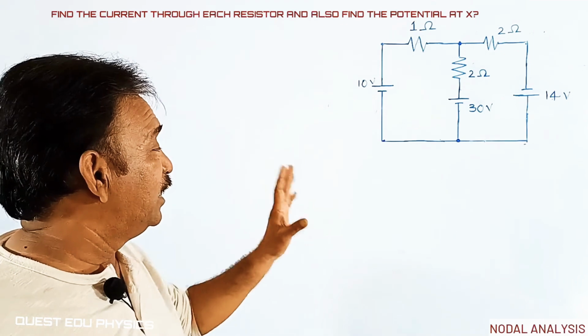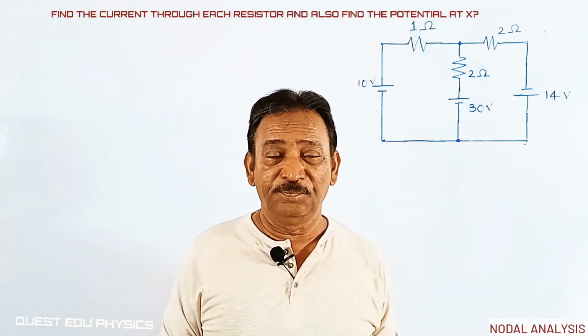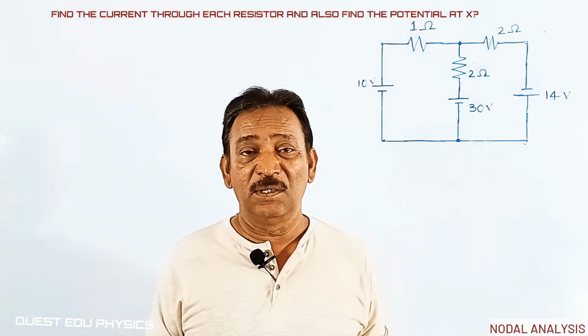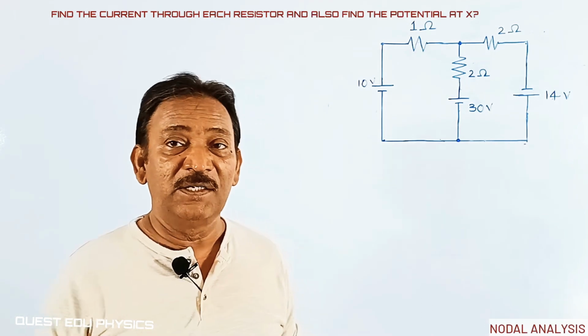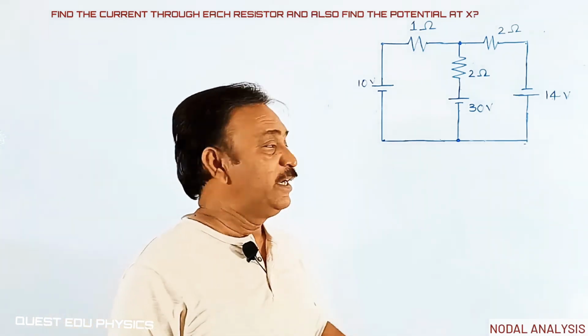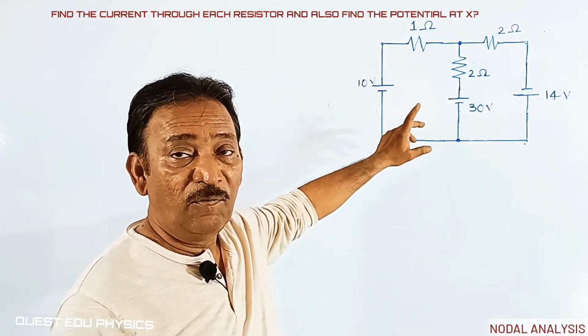Often if you see these circuits, we get confused about where to start. The logic is simple, students. First we have to decide where the node or junction is. If you watch keenly, you will observe that in this entire circuit we have only one junction.